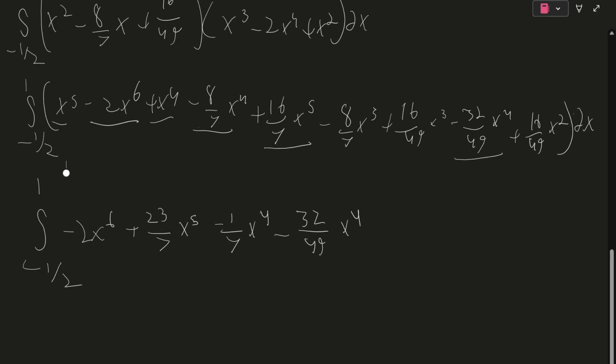And we can simplify that fraction even more and say that this is negative 7 over 49. So that becomes negative 39 over 49 x to the fourth.